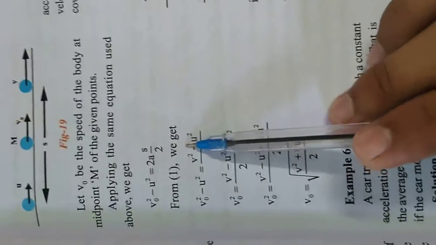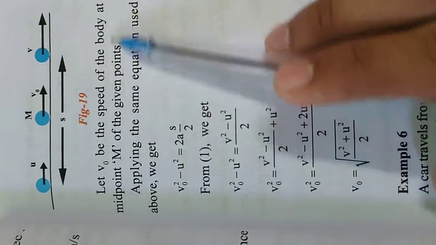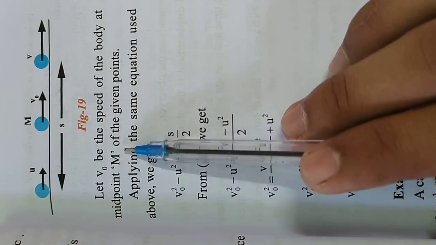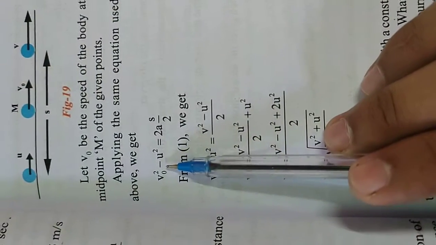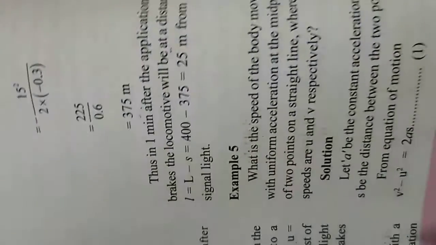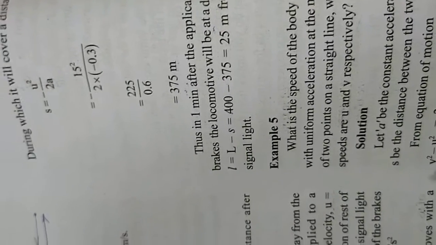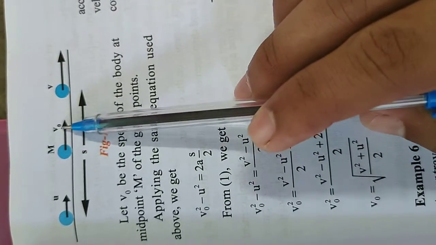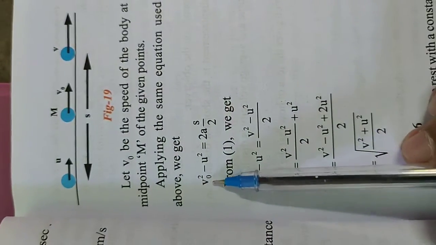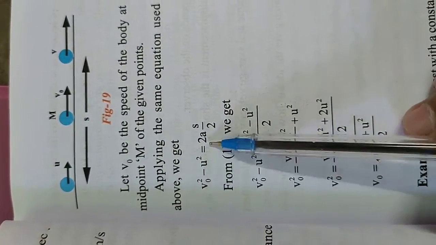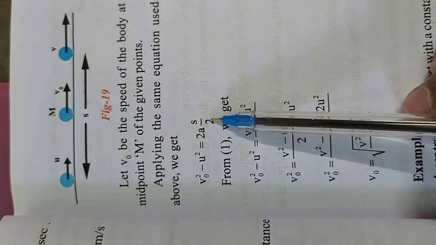Let v naught be the speed of the body at the midpoint. Now we have the formula v square minus u square is equals to 2as. Considering my final velocity at midpoint, v naught square minus u square is equals to 2as.